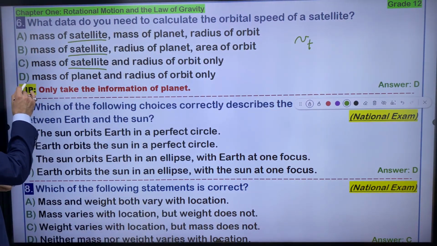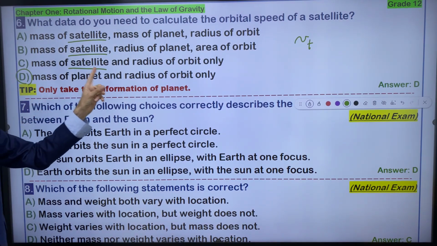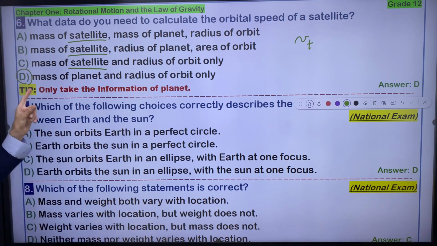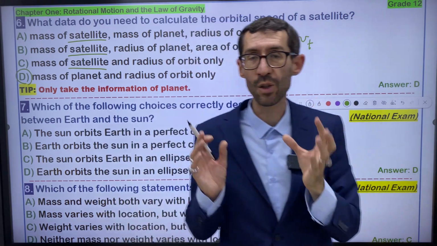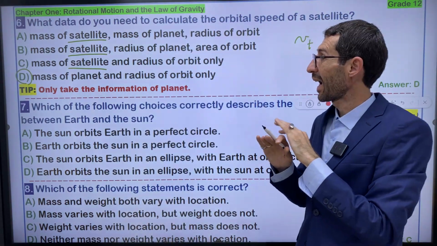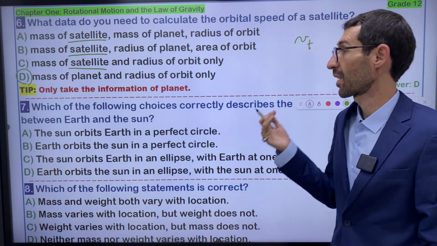So the only option is mass of planet and radius of orbit only. And I've written this note for you: only take the information of the planet and ignore the information of the satellite.